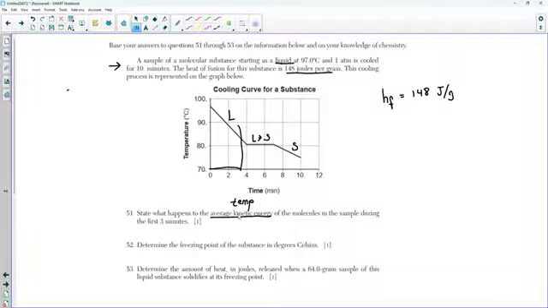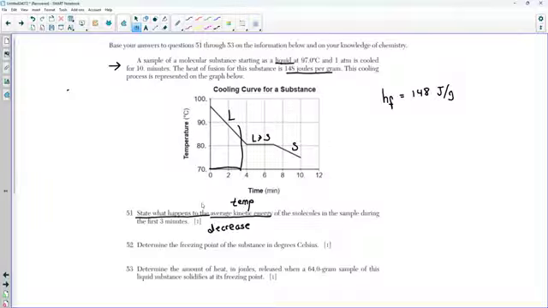So what's happening to temperature here from 0 to 3 minutes? It's decreasing. You would simply put here, for 1 point, decreasing. You don't have to explain because you're not being asked to explain. It just says state what happens to the average kinetic energy, and that is all.